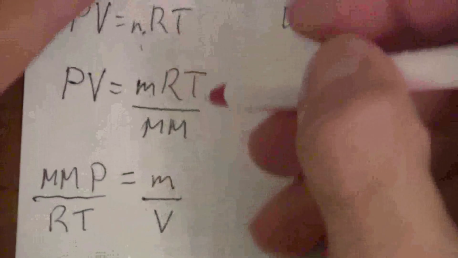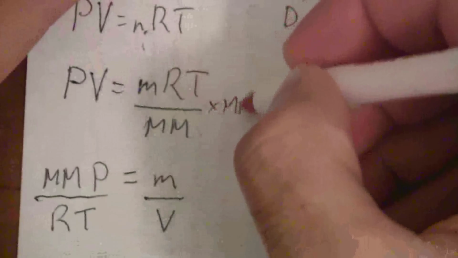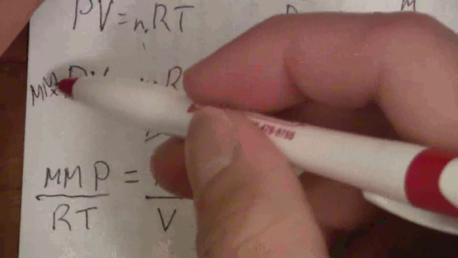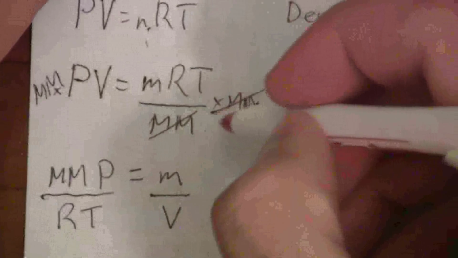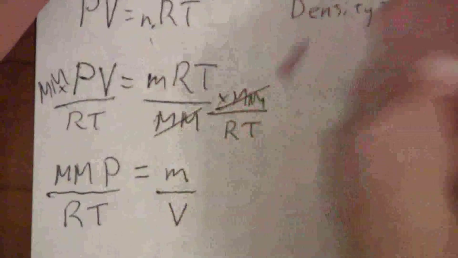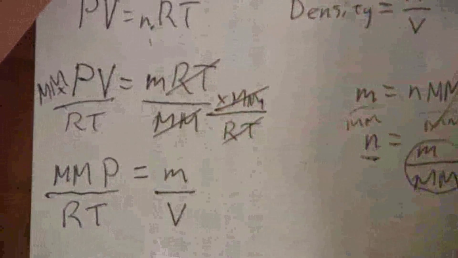Now if that was too much to do in one step, let me multiply this out so you can see it clearly. This will cancel there, and that's where I get the molar mass on top. Then I have this RT on the top, so I can divide both sides by RT, and those will cancel.